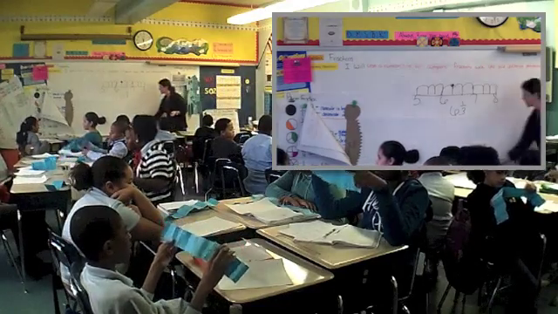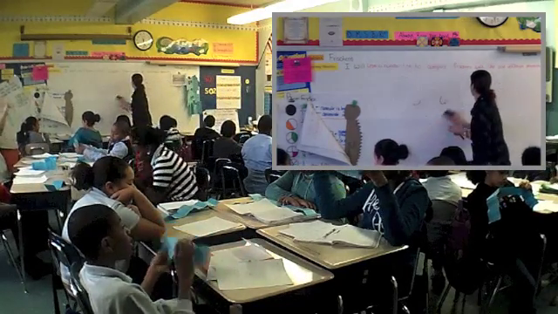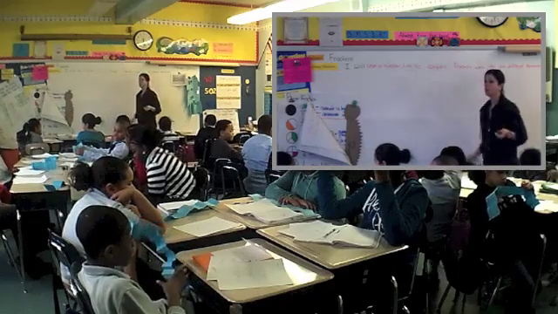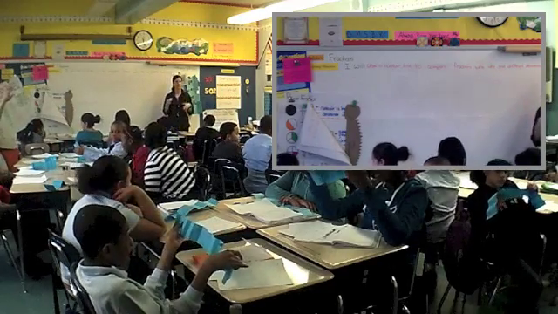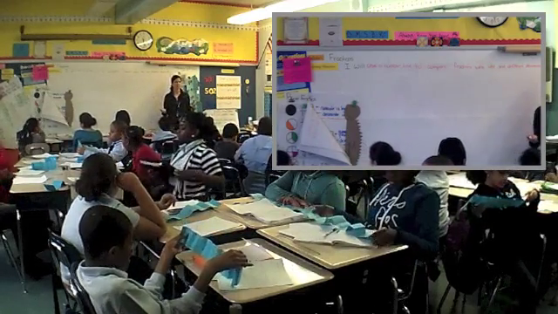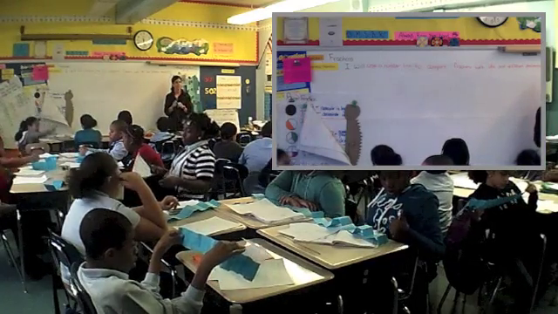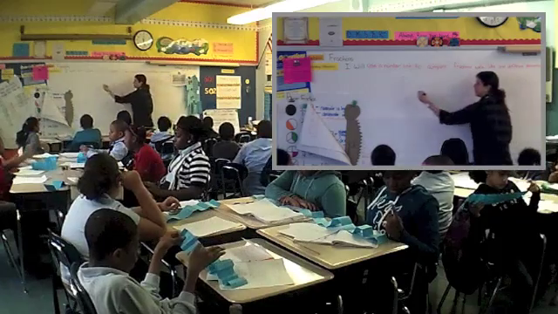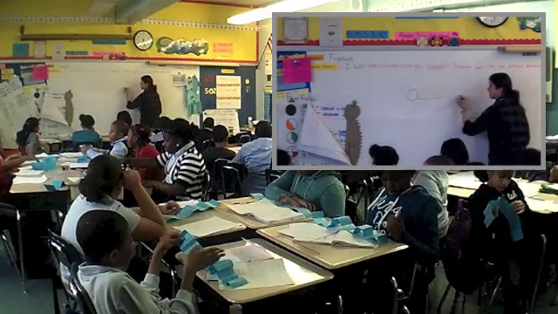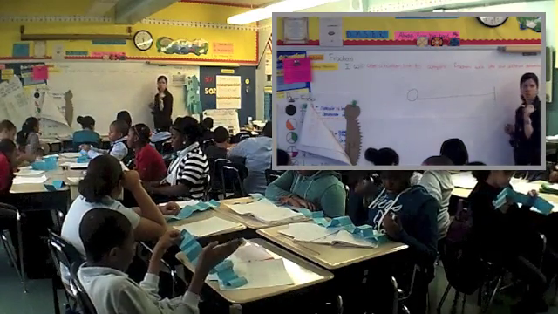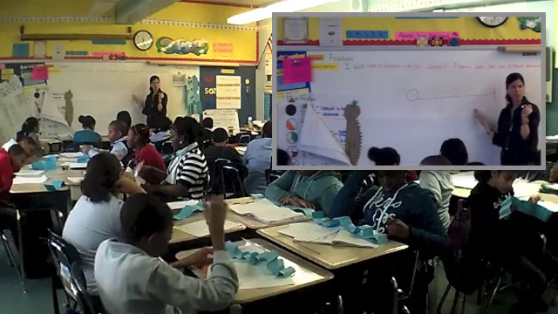What do I need to draw? If I'm going to draw eighths, now I have to split this into 8 equal parts, right?